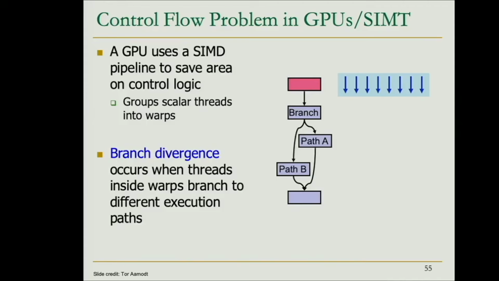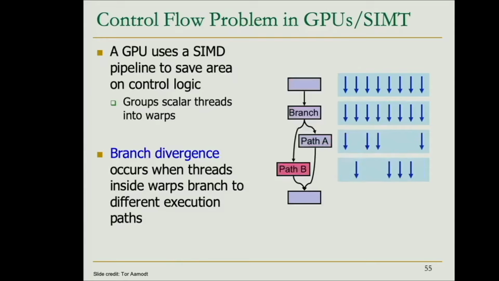So they execute in lockstep. Ideally, they are going to execute the entire instruction together over the whole pipeline, and that can be very efficient, as you can see with the first instruction in this picture. But if we have a branch, then part of them will go through one path, the other part will go through the other path, and essentially we need twice the number of cycles to do the computation here, right?